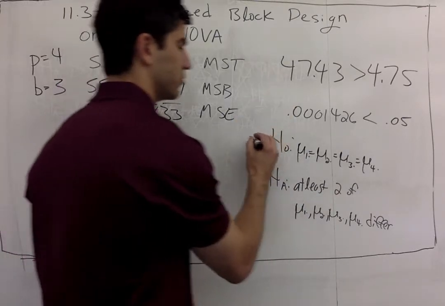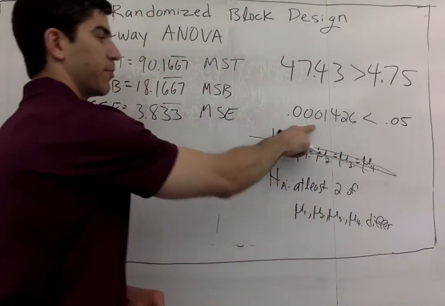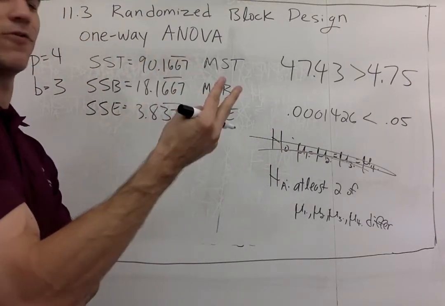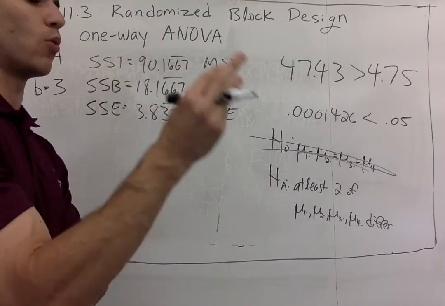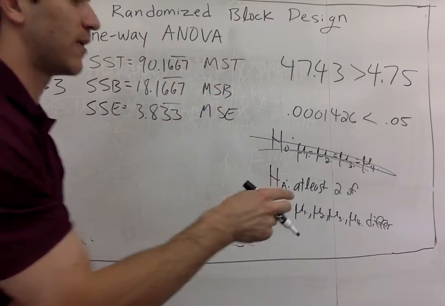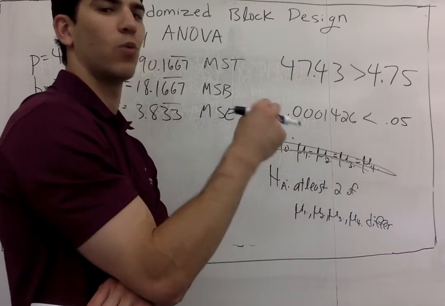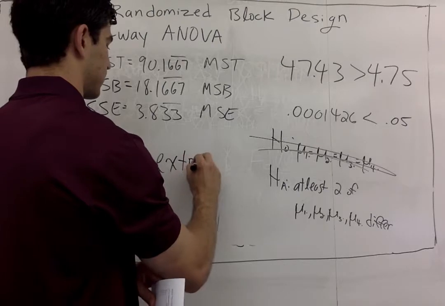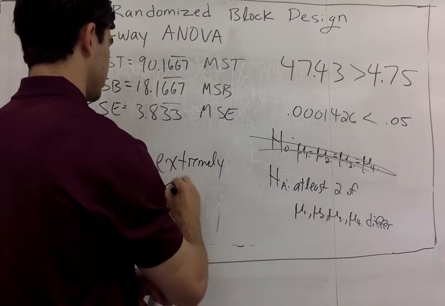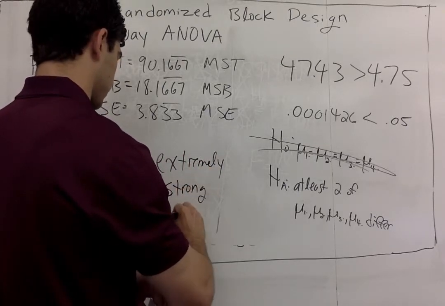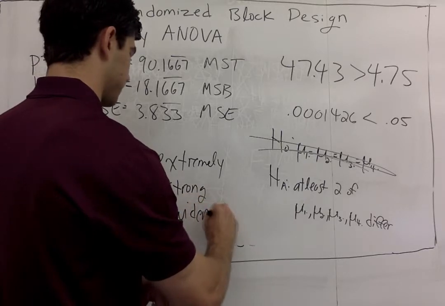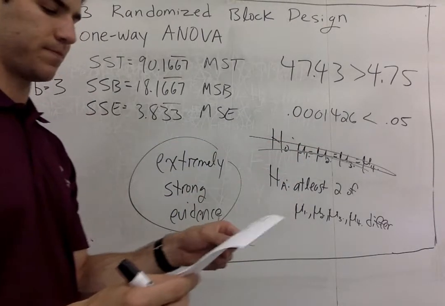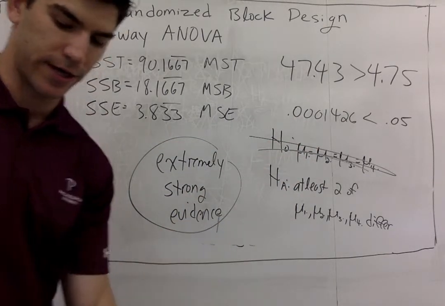We have evidence to reject the null hypothesis. We could compare 0.001426 to 0.10, 0.05, 0.01 and 0.001, and you would find that this is smaller than 0.001, the smallest level of alpha. So we can also say we have extremely strong evidence to reject the null hypothesis because of the p-value. And that's what we talked about the other day in class.